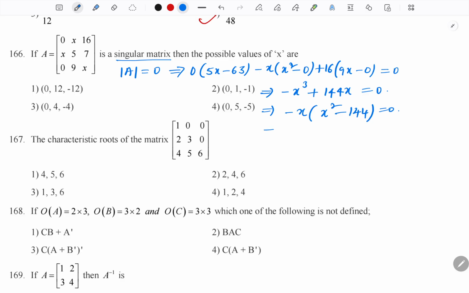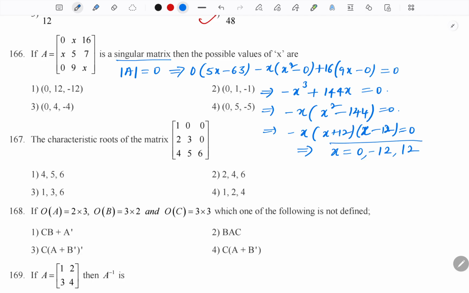Then minus x, we can write 144 as 12 square, then a square minus b square. What is this one? a plus b times a minus b. Then x plus 12 times x minus 12 equal to 0, right? Students, tell me when it will go to 0 here. The possible values of x may be 0 or negative 12 or 12, right?